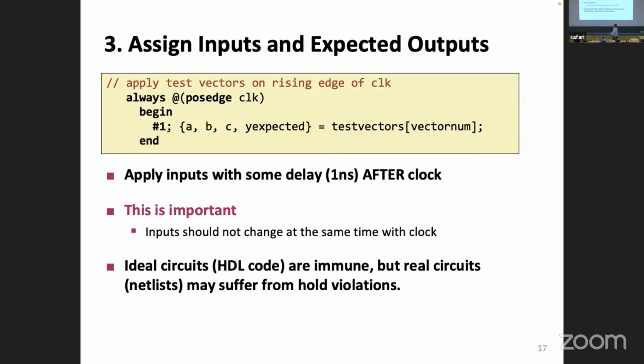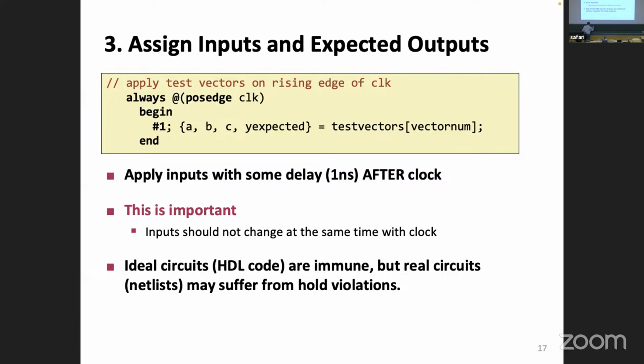Okay, but now, look, this is extremely cool. What happens is, I have this combined vector, A, B, C, Y expected. Remember that putting things into the curly braces, this part, what is it?